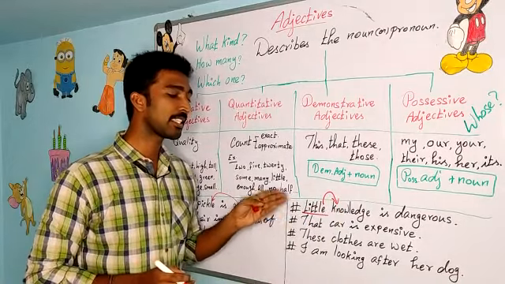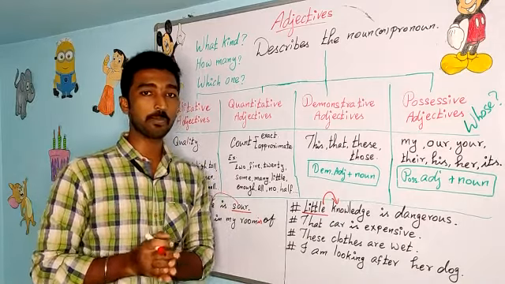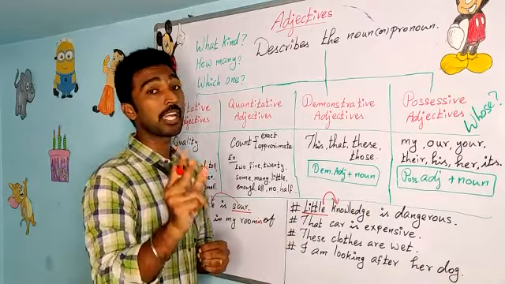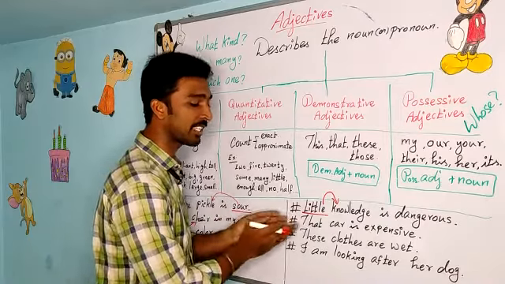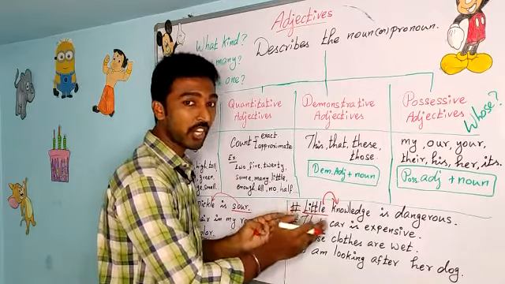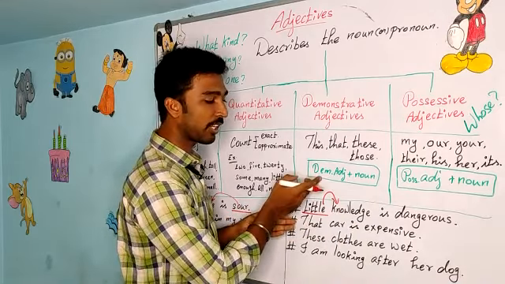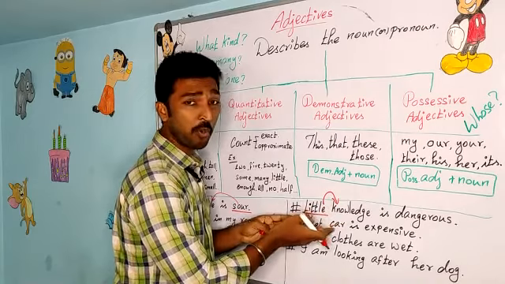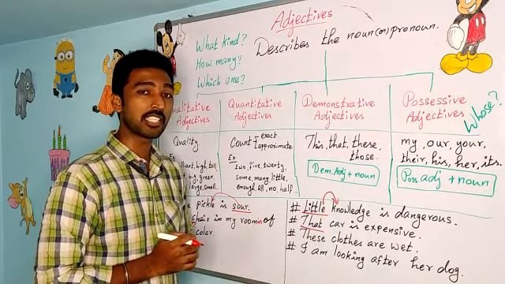And the next sentence: that car is expensive. That car. So here they represented that the car is somewhat far away from us and there is only one car. So that's why they mentioned it here as that car. That car is expensive. And here we have the formula demonstrative adjective plus noun. Yes, demonstrative adjective that plus noun car. So the word that is a demonstrative adjective.